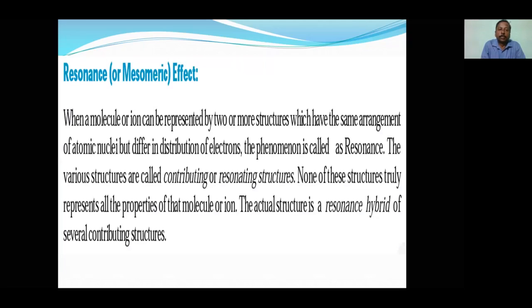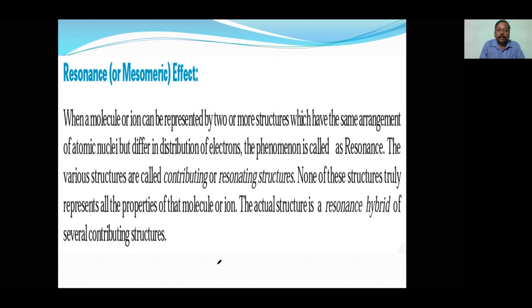Resonance or mesomeric effect. Plenty of questions will be there on resonance, but the direction of questions, how they are asked and how you should write, we will do in the objective session. So resonance effect is when a molecule or ion can be represented by two or more structures.